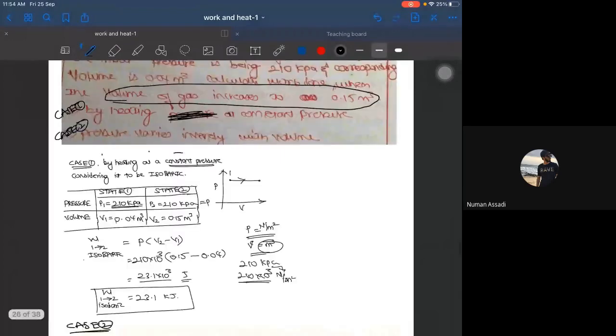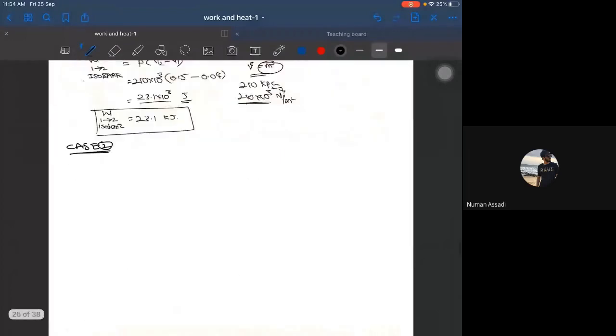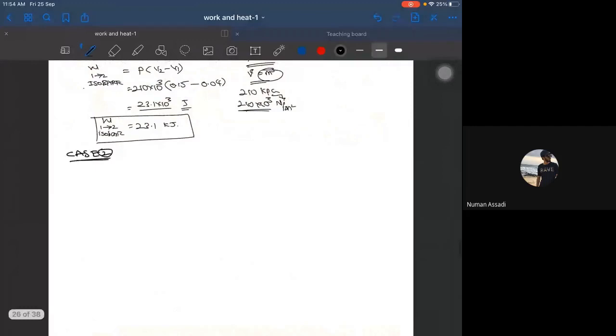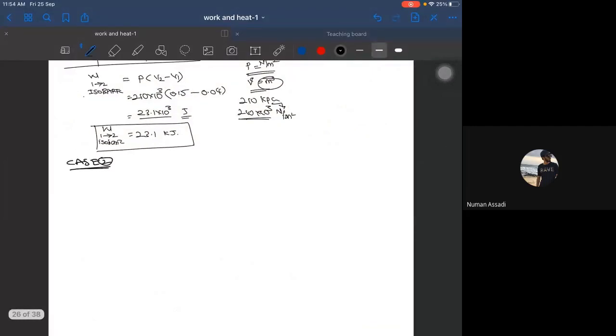That means the hint for identification of the process is that the pressure varies inversely to the volume. Name the process where the pressure varies inversely to the volume. Any guess?